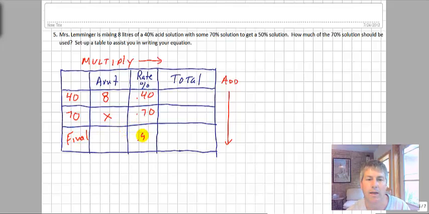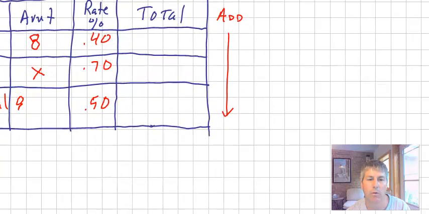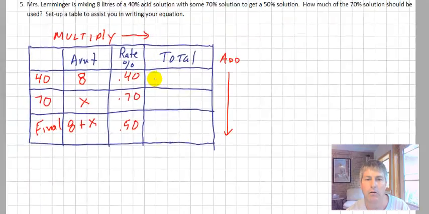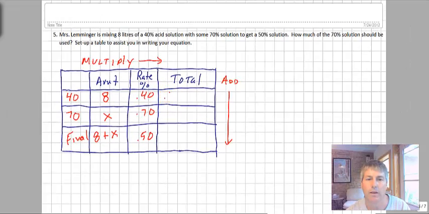And we want that to be 50%. So we add down, so the final solution is going to be what we began with, the 8 plus whatever we add. And we multiply across. So we have 0.4 times 8 and 0.7 times x and 0.5 times 8 plus x.